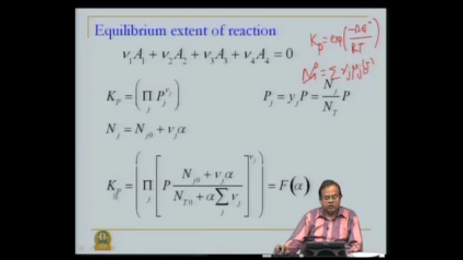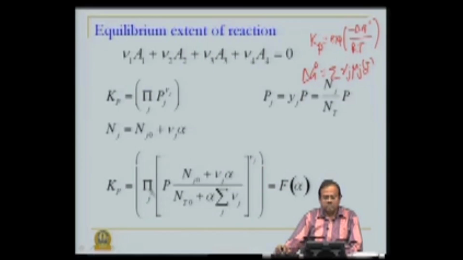So, now we see my equilibrium constant Kp is equal to this value, and here alpha appears for the first time. In other words, my equilibrium information, that is Kp, is exponential of minus delta G 0 by RT. So, knowing the value of Kp from thermodynamics, I can now solve this equation.